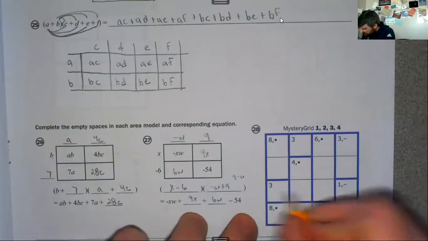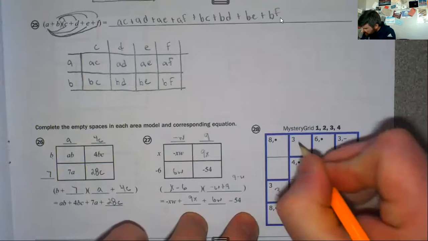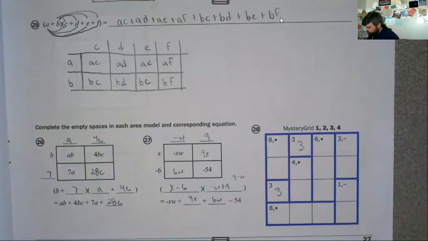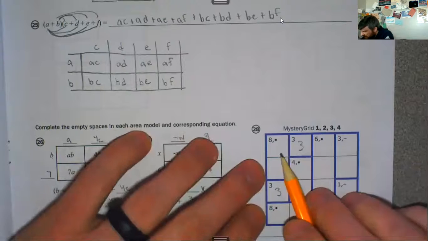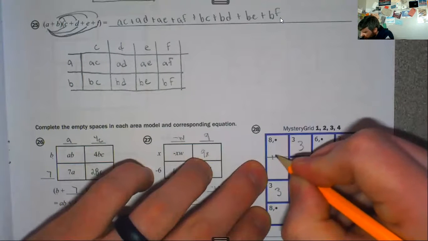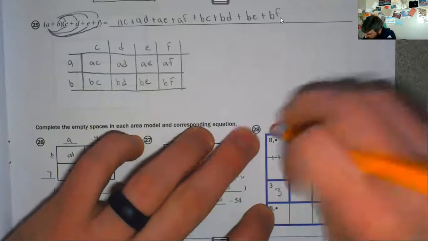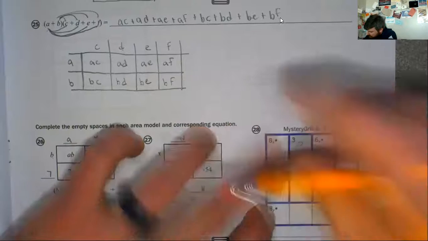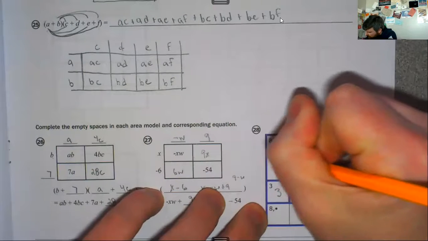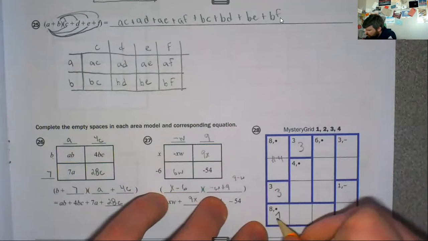All right, another mystery grid. We've got some single numbers here, so a 3 and a 3. Multiplying to get 8, that's going to need to be a 2 and a 4. So 2, 4, which means this down here has to be a 1.